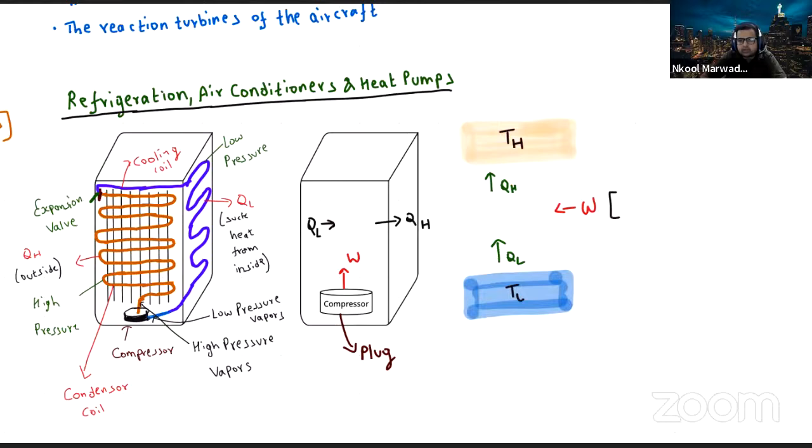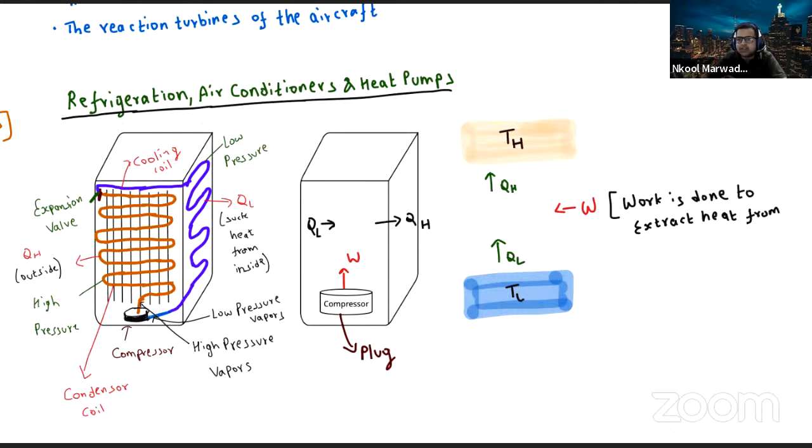External work is done to extract heat from the cold reservoir, because this TL, the system, is relatively cold, and spontaneously heat can never flow from cold to hot, but it is flowing because of the external work.